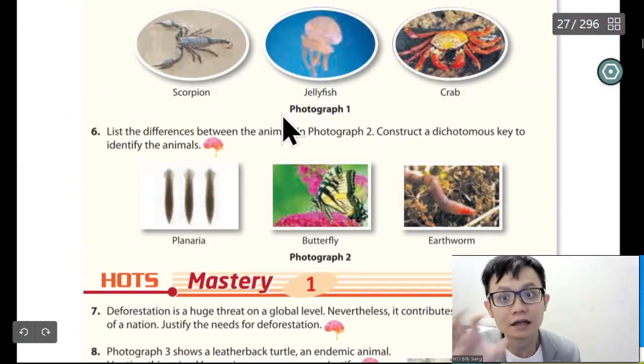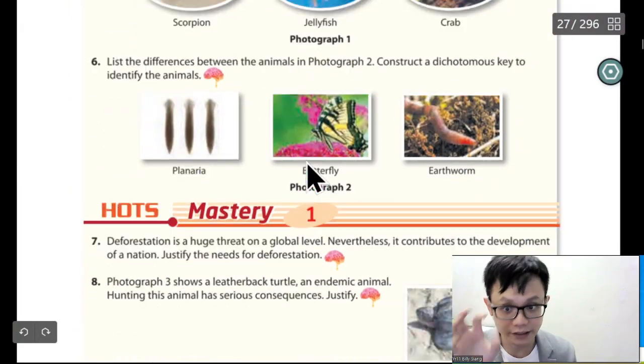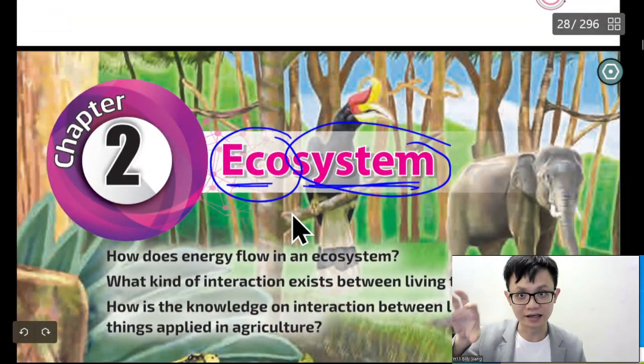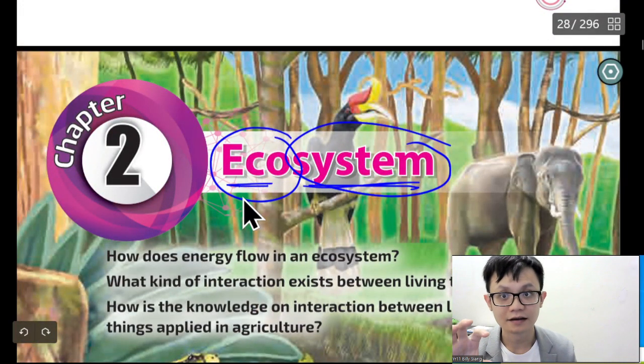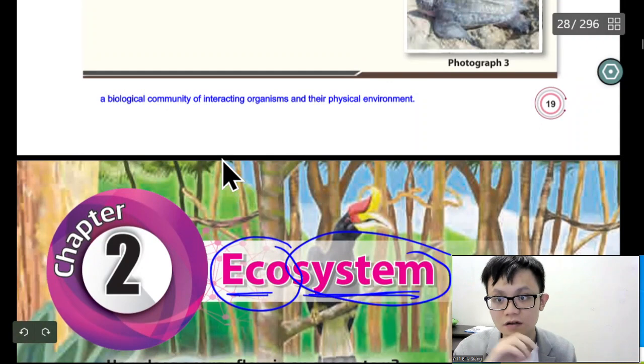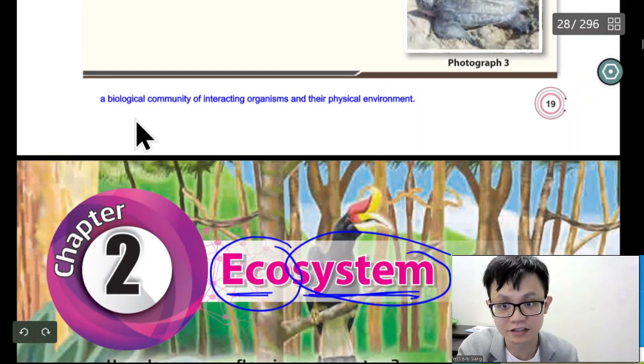So in chapter 1 we learned a lot about living things, and in chapter 2 we want to learn about living things and their house, the habitat, the environment. The definition is a biological community of interacting organisms and their physical environment.